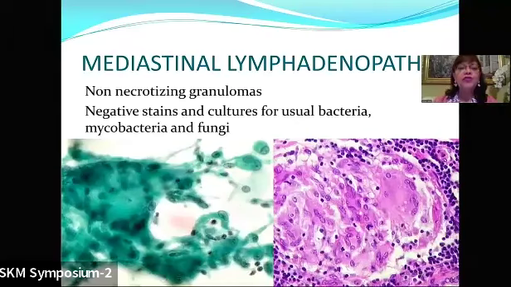So basically what we saw were non-necrotizing granulomas, and it was sent for stains and cultures for the usual bacteria, mycobacterial disease, and fungi. And all of the stains came back as negative, as did the cultures.